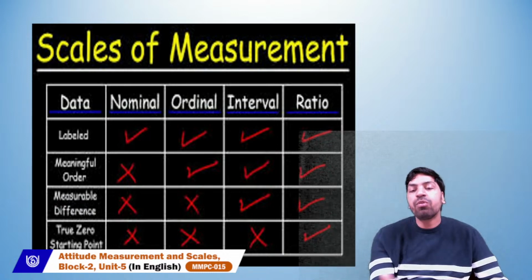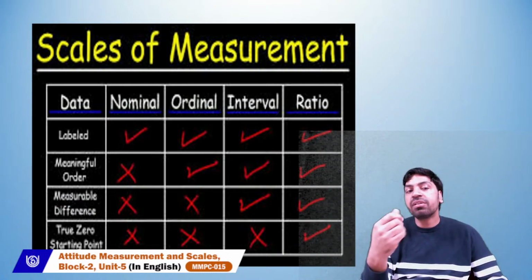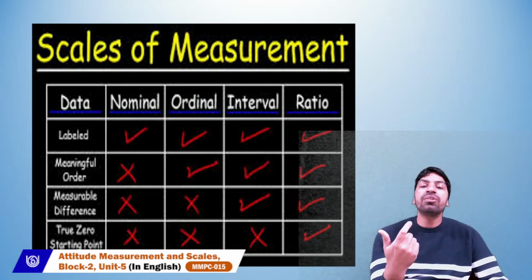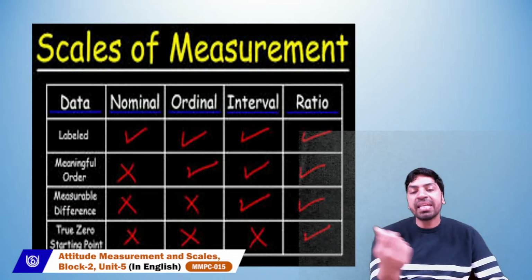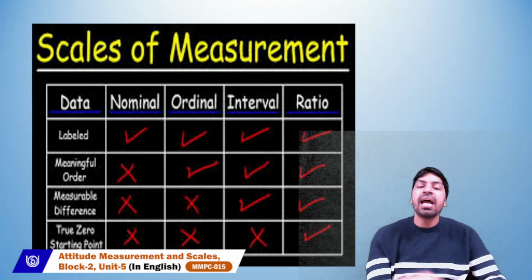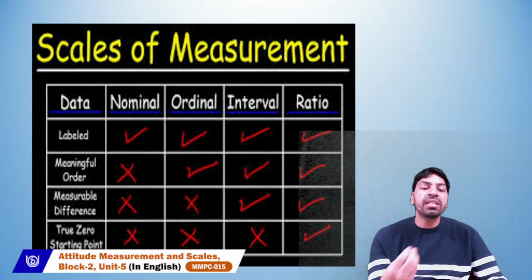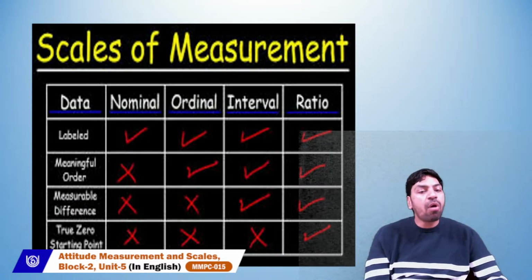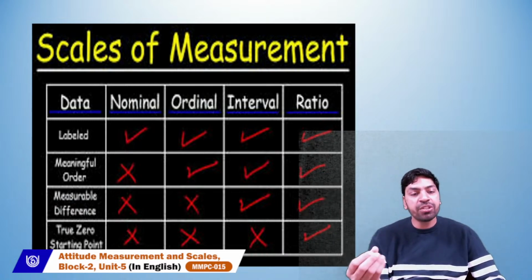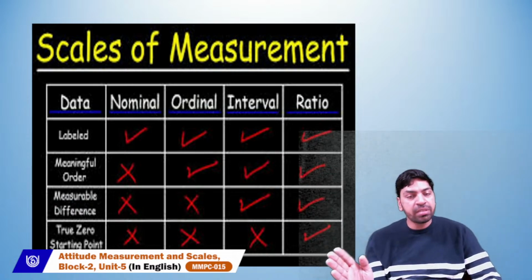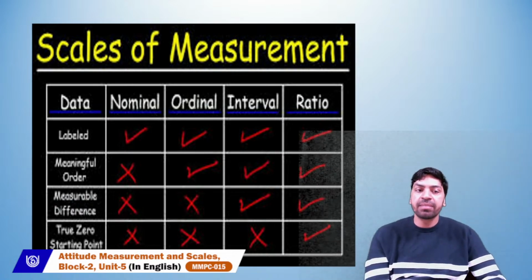four main characteristics, and based on the characteristics we make up the options related to the class intervals, and the class intervals always come under the ranges. When we talk about meaningful order, there is no order for nominal, while ordinal, interval, and ratio always follow an order, either ascending or descending, of the response sets.